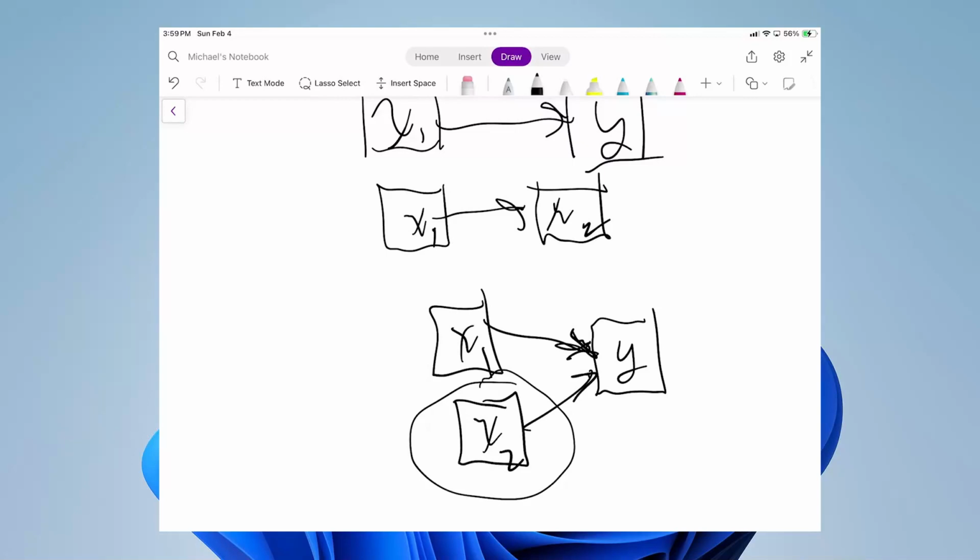Ideally, what we would like to see if x2 really is a mediator is that the influence x1 had on y is decreased and taken over by x2.